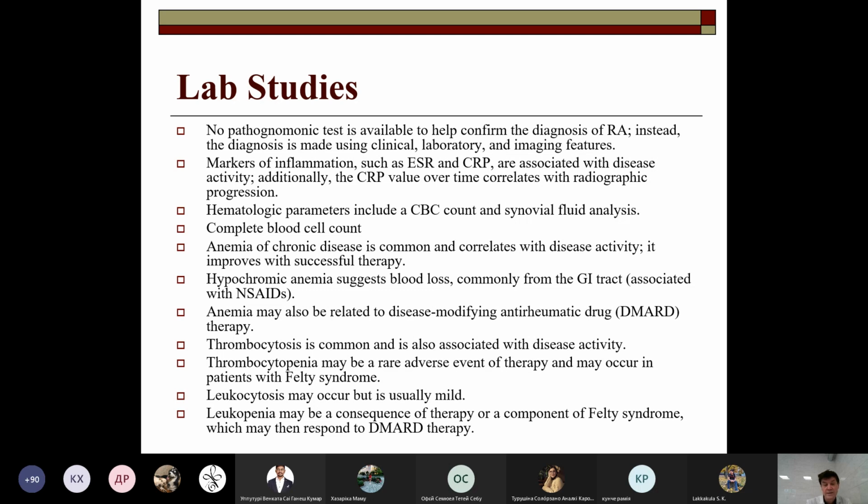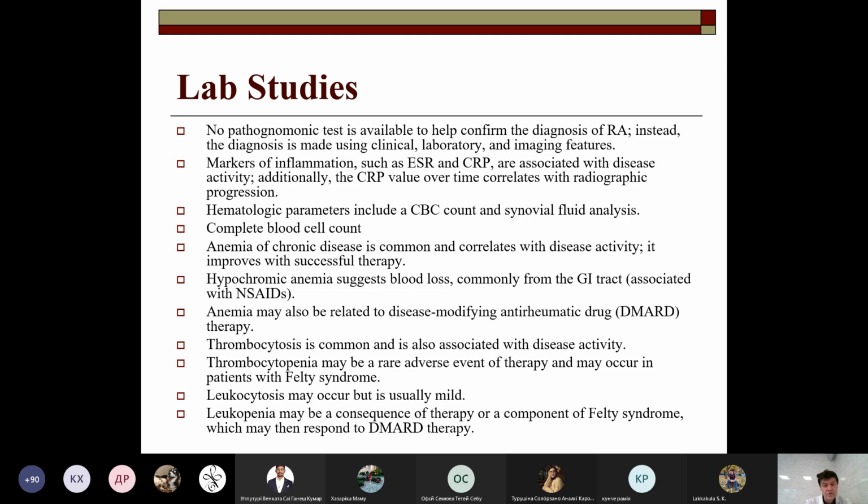Hypochromic anemia, for instance, suggests iron deficiency and is frequently associated with bleeding. Moreover, bleeding can be induced by uncontrolled therapies and the intake of non-steroidal anti-inflammatory drugs. Anemia can also be a result of the drug therapy initially prescribed to the patient to reach remission of the disease.